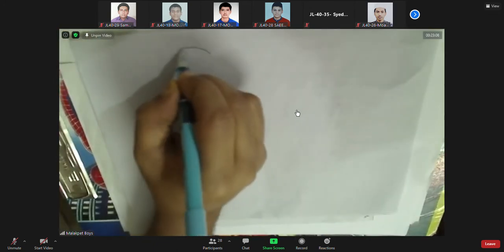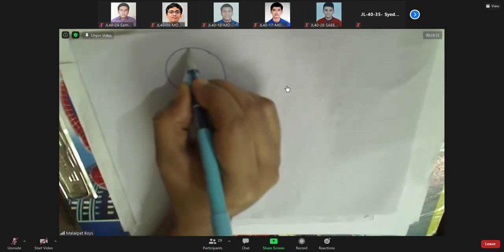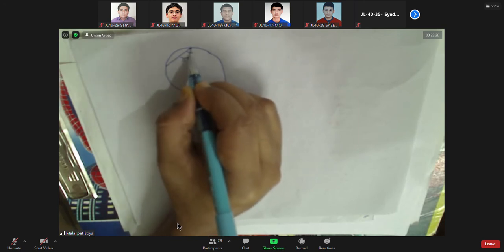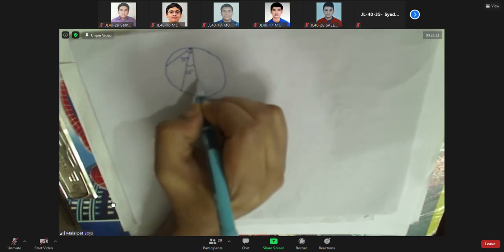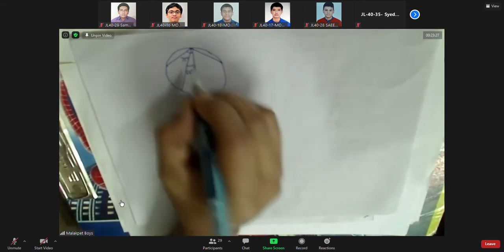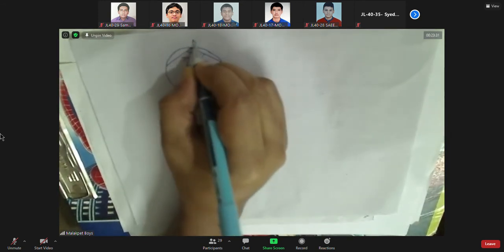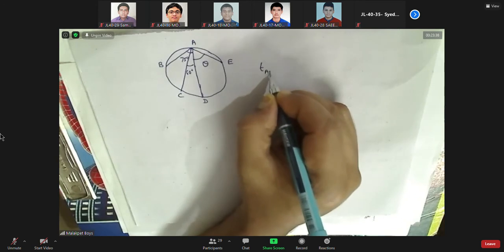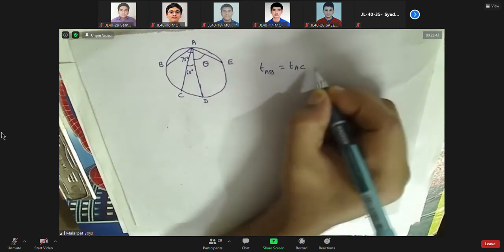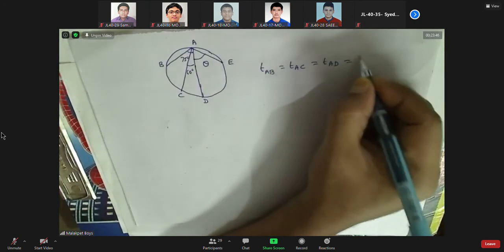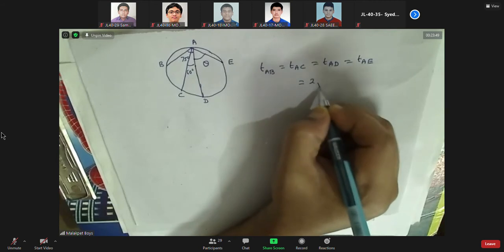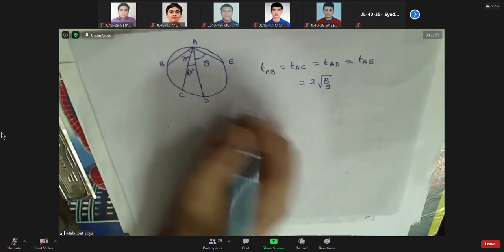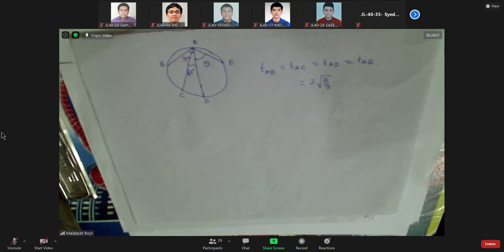That means if a particle is released at 75 degrees or 60 degrees or this path or any angle, whatever it is, the time taken to travel from A to B or A to C or A to D or A to E is the same, root of 4R by g, whatever may be the angle, because he proved that one previously. Agreed or not?